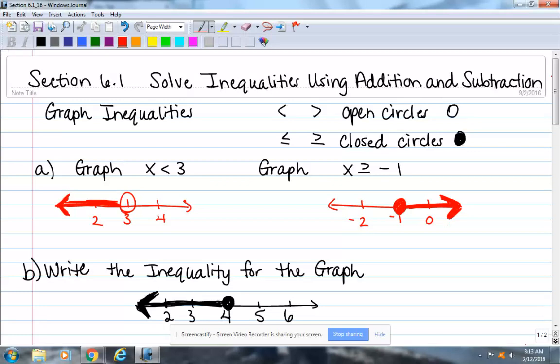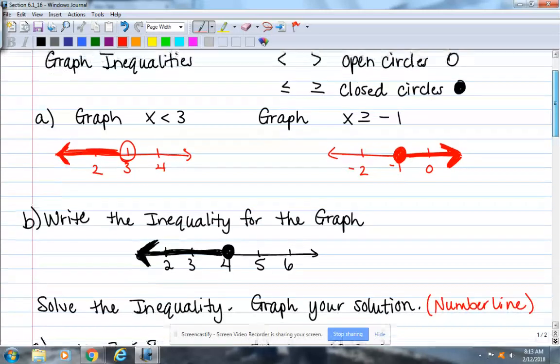So any questions about how we graph an inequality? Okay, so this time it's a little backwards. This time they give us the graph and we have to write the inequality. Okay? So to start it out with, you're going to have a variable, whatever variable you like.